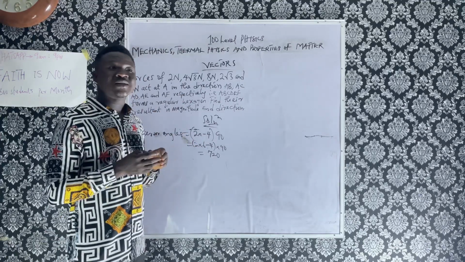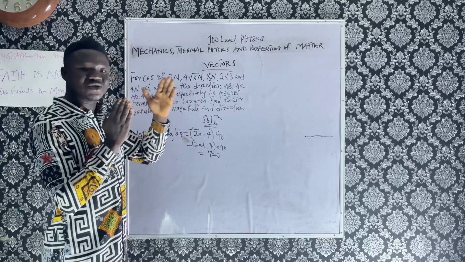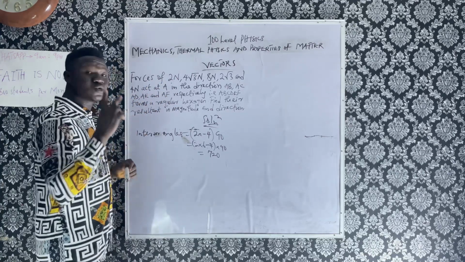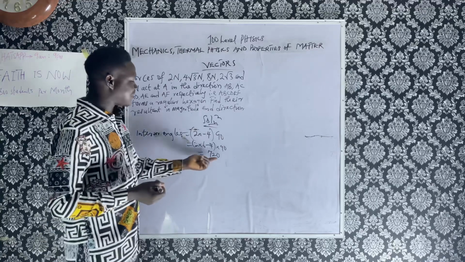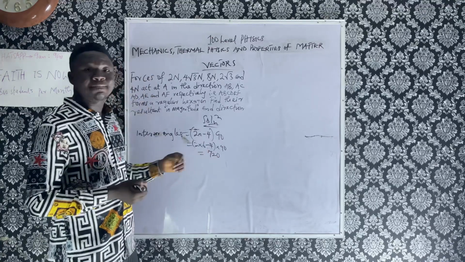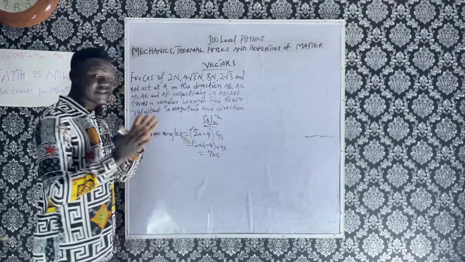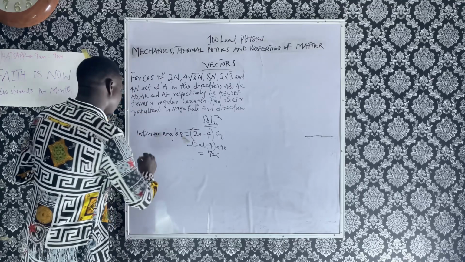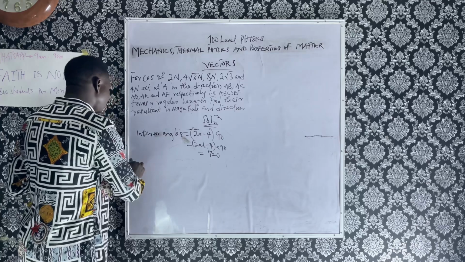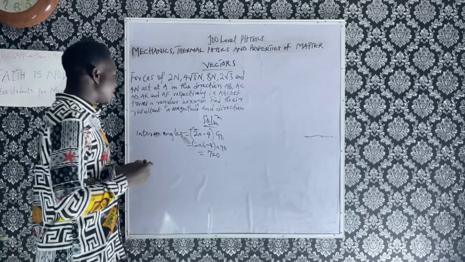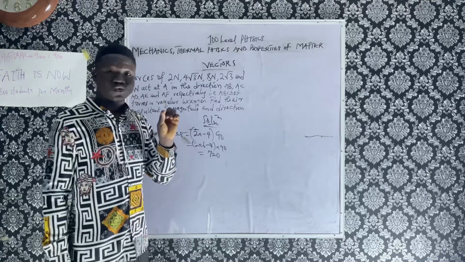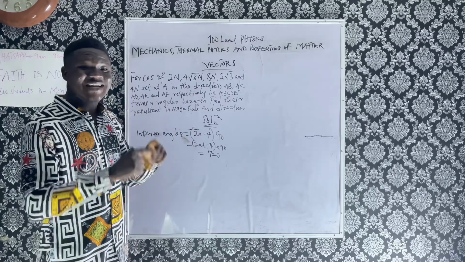Now we need to get the difference in the angles. So for us to do that, we first of all divide this number by the number of sides, and that's 6 sides. A hexagon has 6 sides. Let's just go straight to the point. First of all divide it by the 6 sides and also the number of triangles that are inside a hexagon.